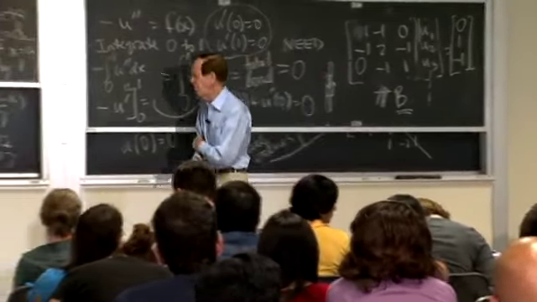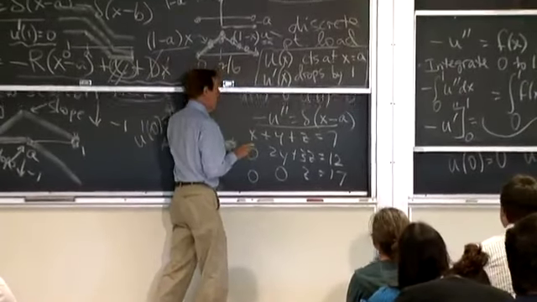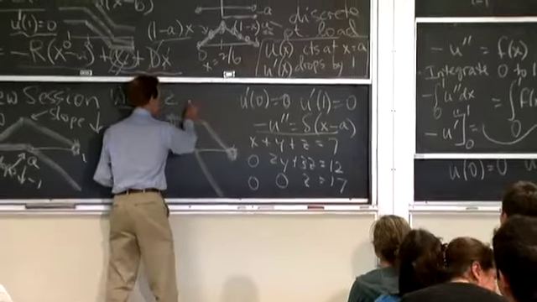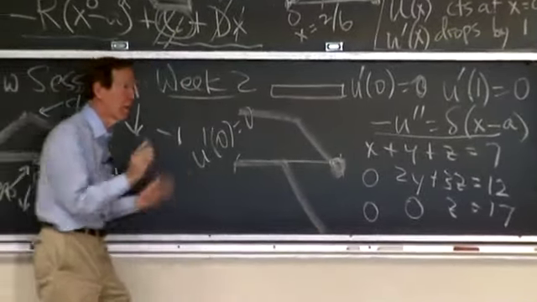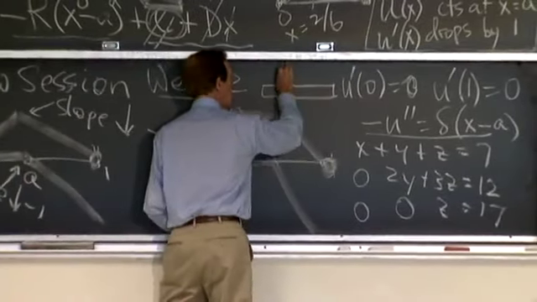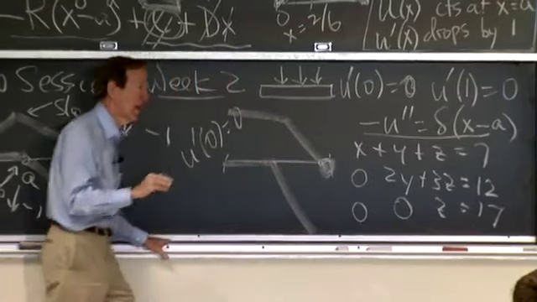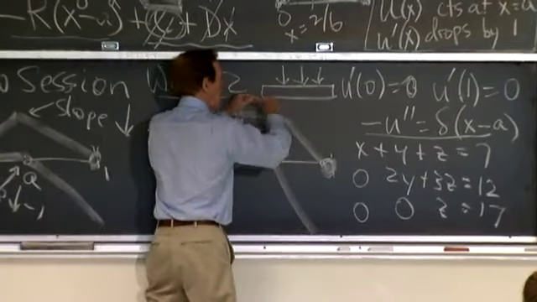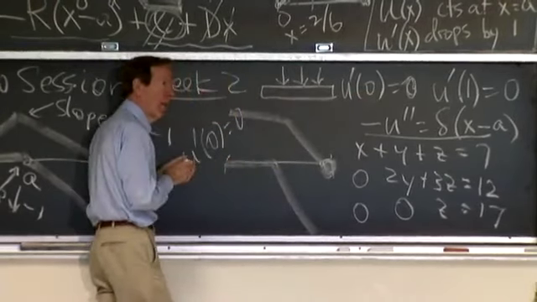Let me help you even more before the question. I said it's better to draw the beam this way. I like the beam better this way, because the point of the beam problem is loads are acting, and we'll see this, of course, later. Loads are acting perpendicular to the direction of the beam.